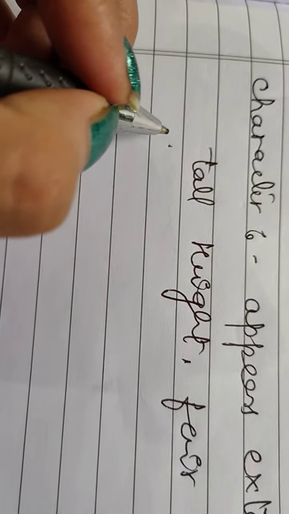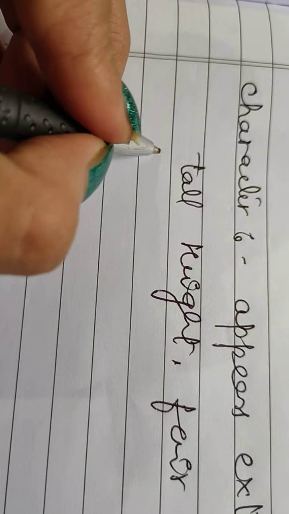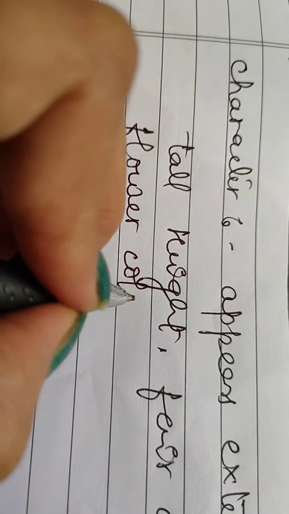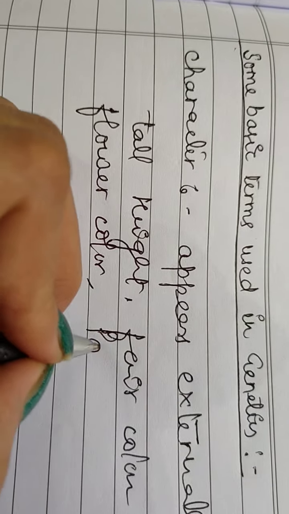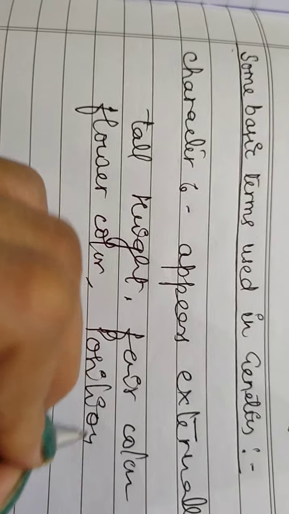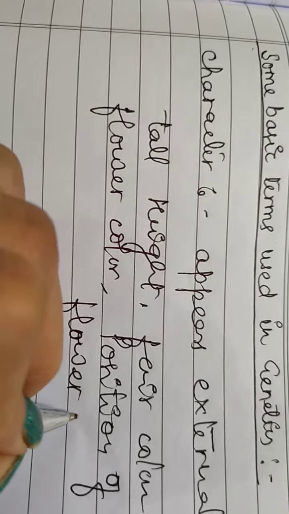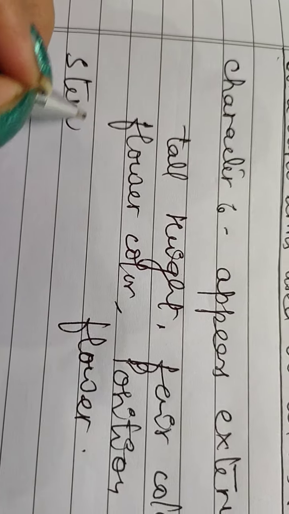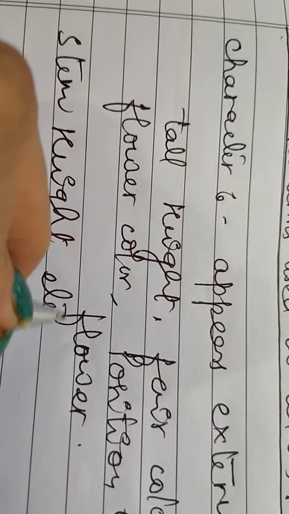If we talk about the plant, it can be flower color, it can be position of flower, or stem height, etc. So this is called as character.